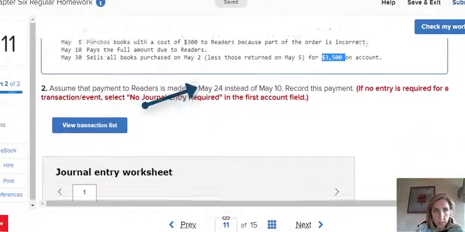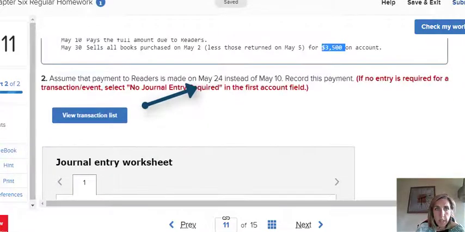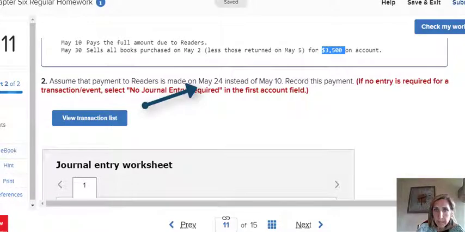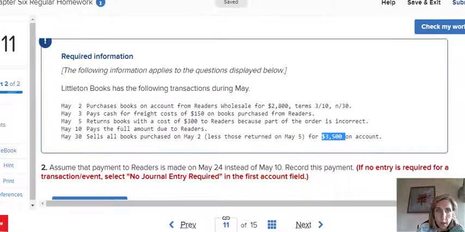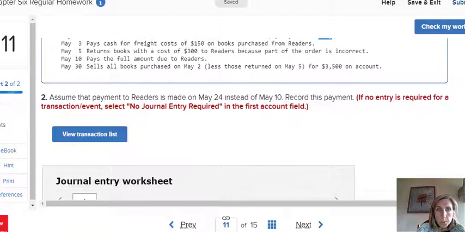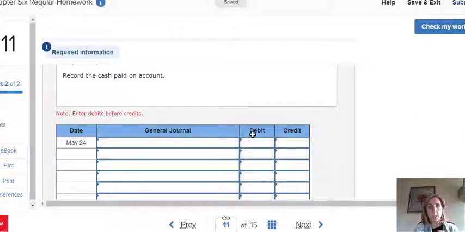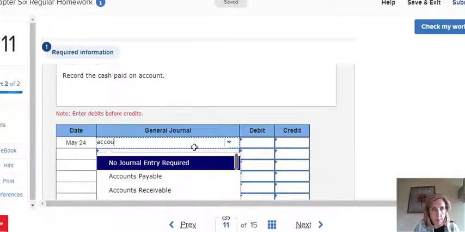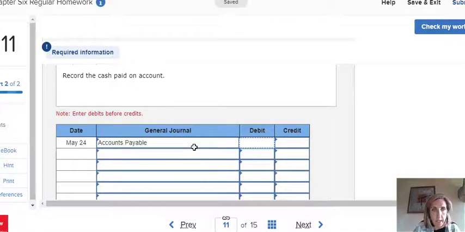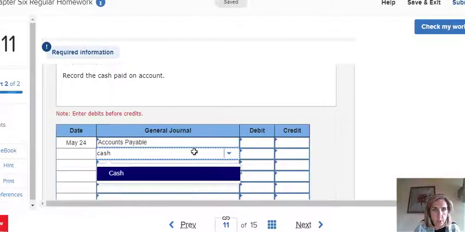You can see it has all the same information, but it says assume that payment is made on May 24th instead of May 10th. When you do not pay within the discount period, mine was a 10-day window for the discount period, what I'm going to record on May 24th is just going to be a debit to accounts payable, the amount I owed, and a credit to cash. There will be no discount involved in this journal entry.